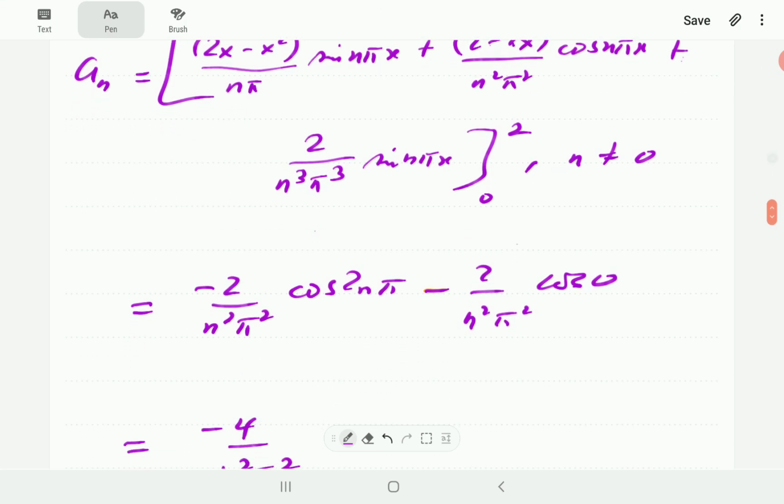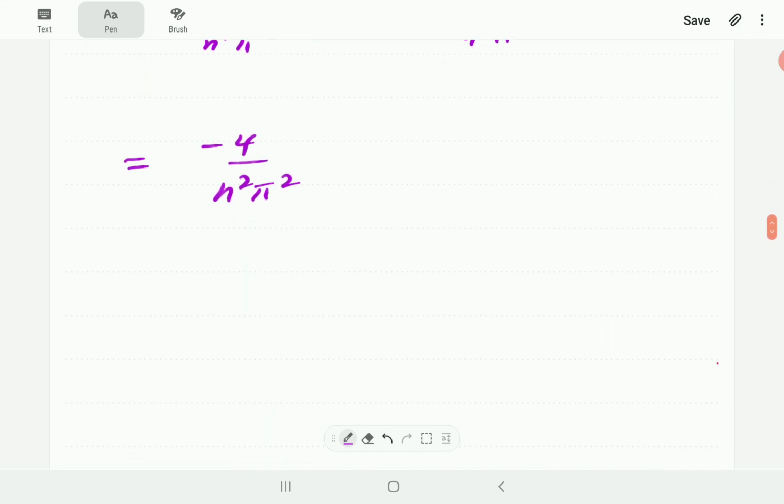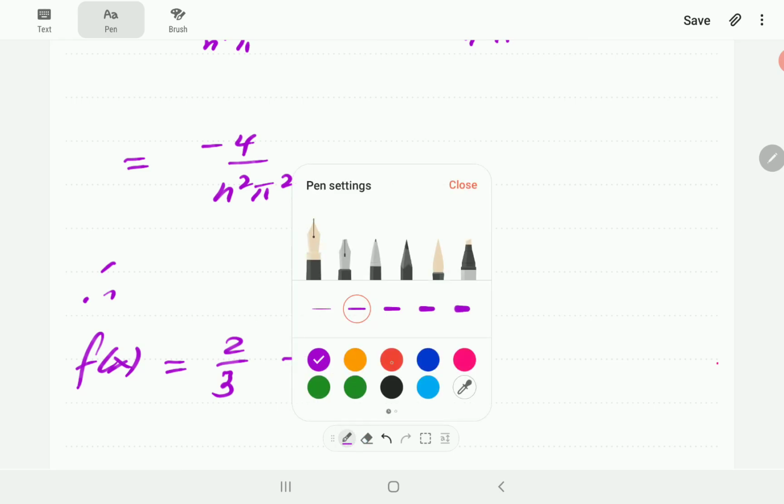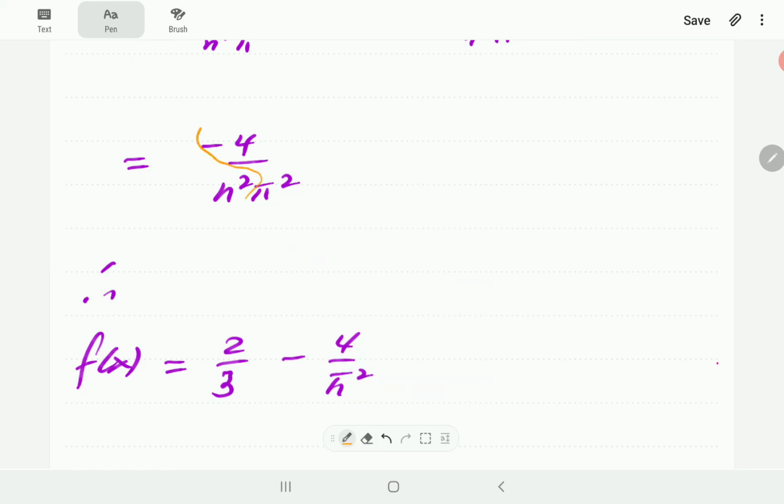So we are now in a position to write out our final expression of the Fourier series of this. It is going to be a naught over 2. So a naught is 4/3, a naught over 2 is that. Then there's going to be minus 4 over pi squared. So that's just this negative 4 over pi squared.